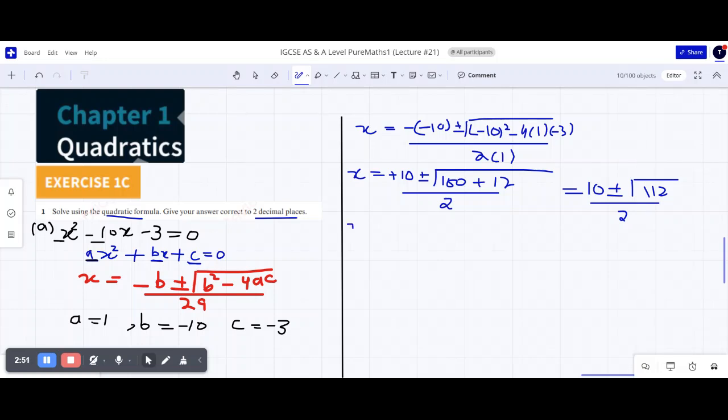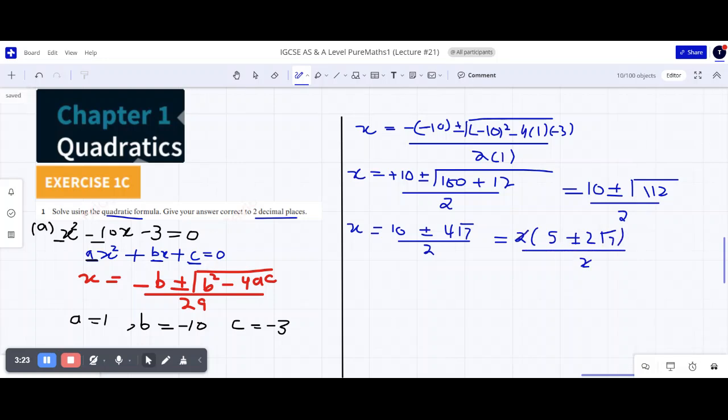So x equals 10 plus minus root 112, which is 4 root 7, divided by 2. At the top, 2 times 5 is 10, 2 times 2 is 4. It means we will take the 2 common, so it would be 5 plus minus 2 root 7 divided by 2.